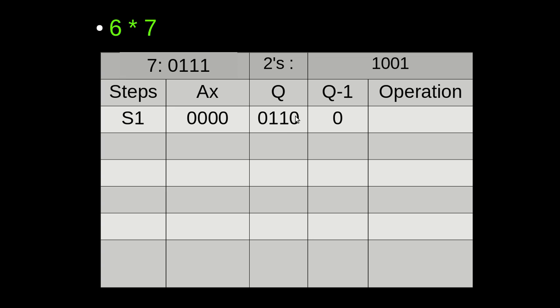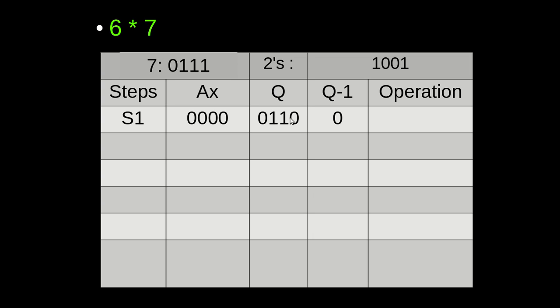So this is 2 to the power 0, 2 to the power 1, which is 2, 2 to the power 2. So this is 6. This is Q0. So I'll take this one and Q minus 1. I'll just initialize it to 0 at the beginning, and initialize this to the value of 6 in binary, and initialize the accumulator to 0.